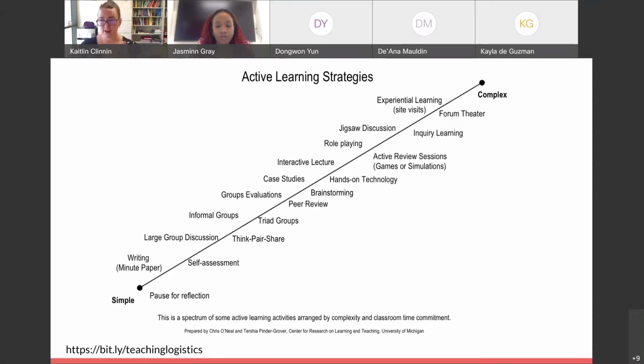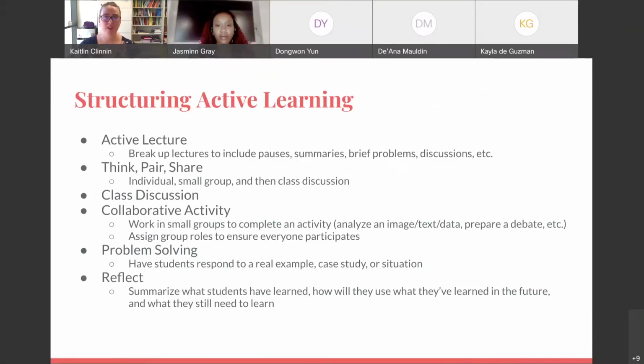And that's not necessarily a problem, but if you want to try something else out, there's probably another way that you can structure your class time that won't take too much energy on your part, but can also bring some variety into your class. So some common structures for active learning.